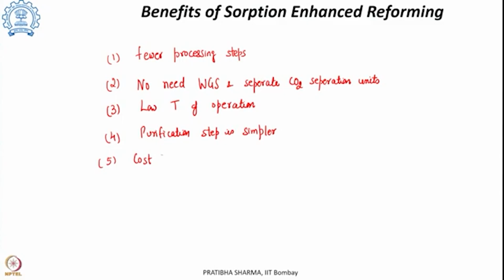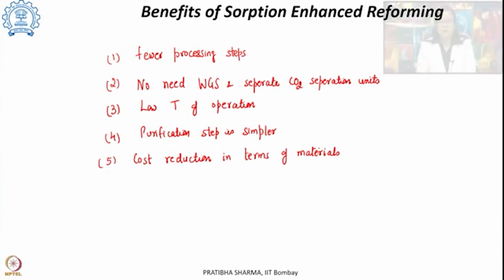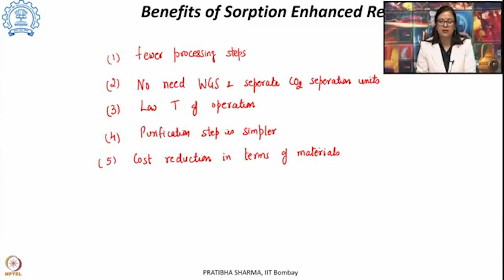Since the reaction conditions are mild, there will be a cost reduction in terms of the materials used. Now when we talk about conventional reforming, the temperature that the reformer tubes have to sustain is 950 degrees centigrade.